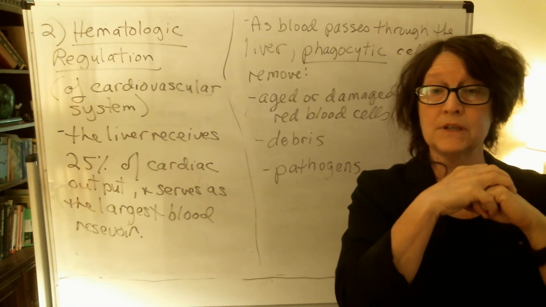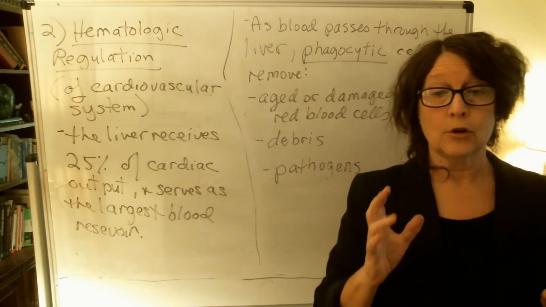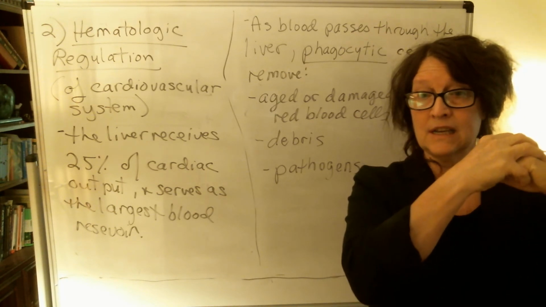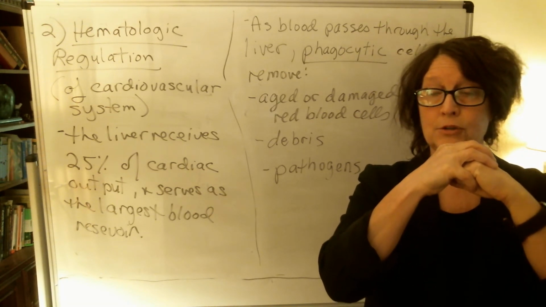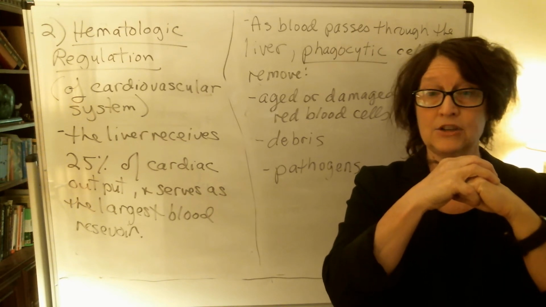Phagocytosis, remember, is a process. There are many different kinds of cells that can do it. So we have these phagocytic cells that grab onto other materials and basically engulf them and digest them.